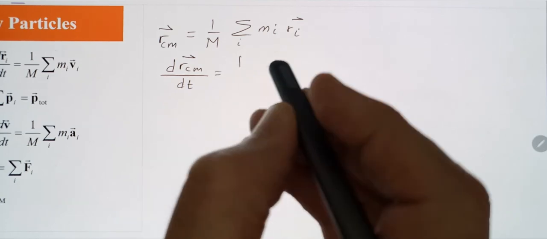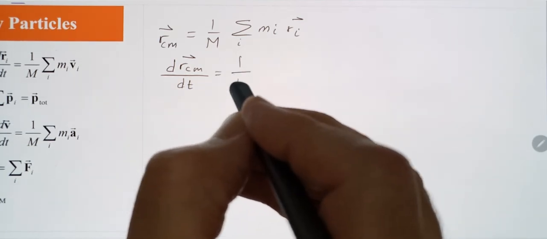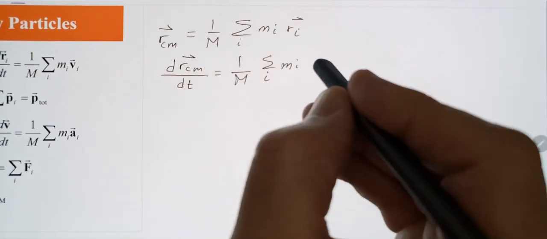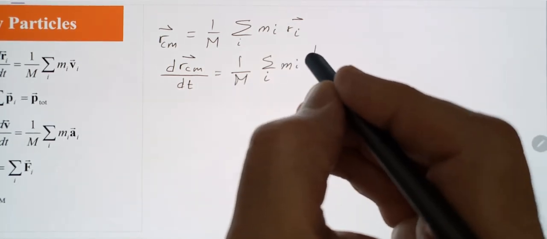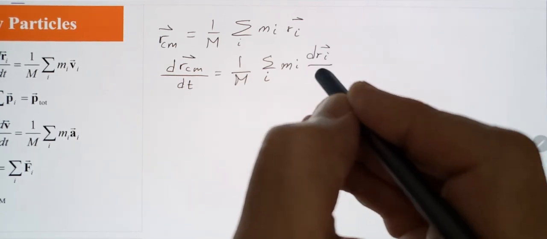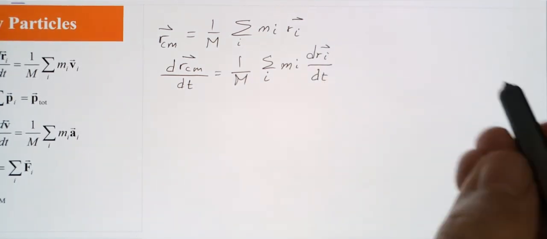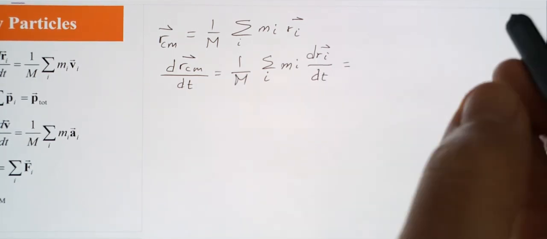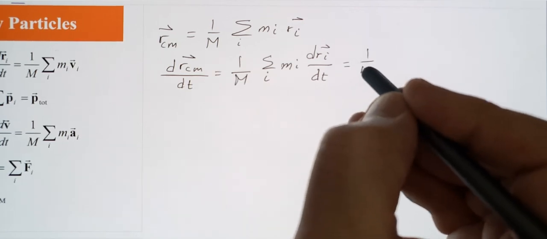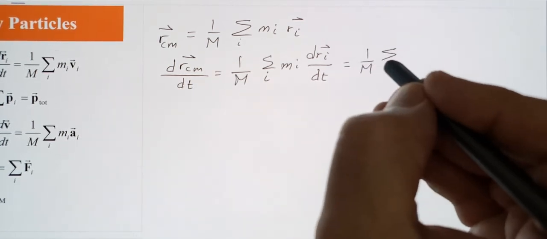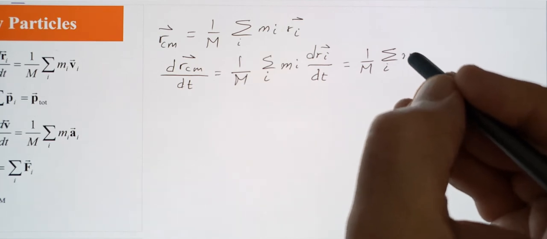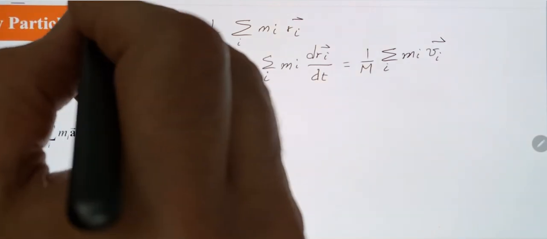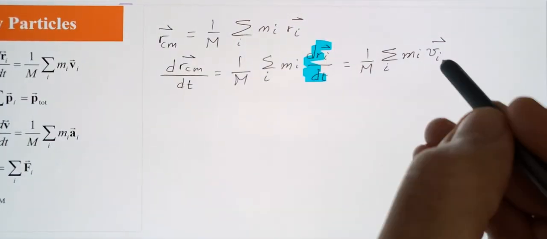So I will just derive all the tiny vectors with respect to time. But what is this? What is dri over dt? Well, it is nothing but the velocity.